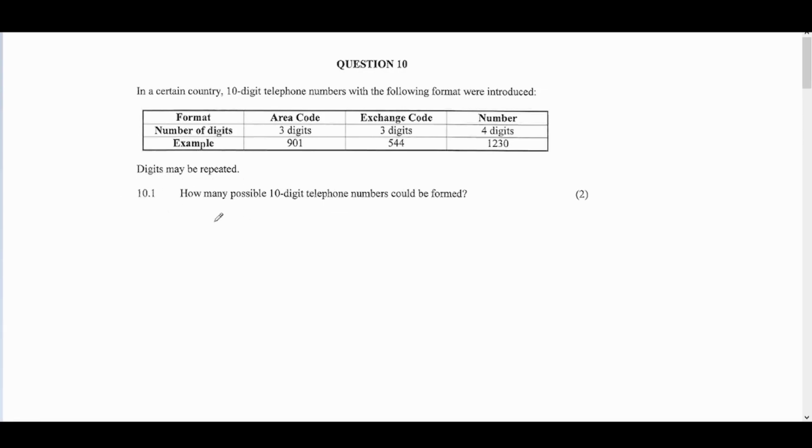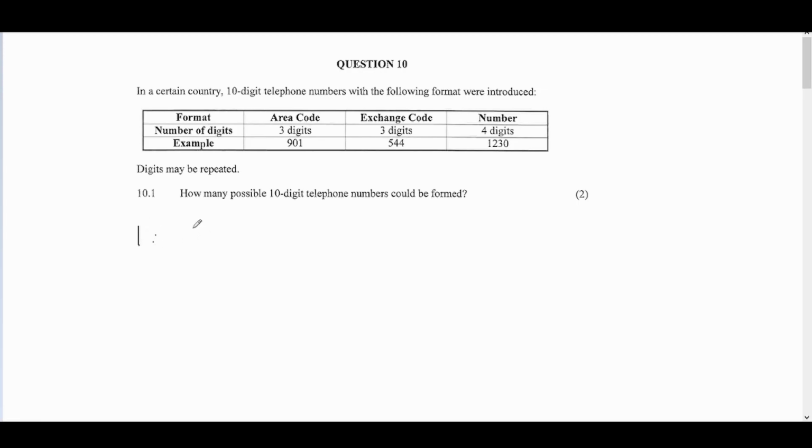10.1 says how many possible 10-digit telephone numbers could be formed. This is a really nice question. Let's start with 1 digit and expand from there. If you only had 1 digit, how many possible numbers could that represent?